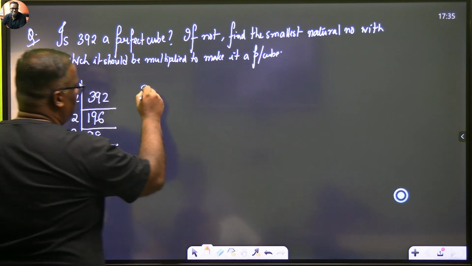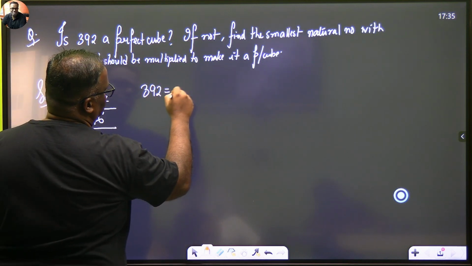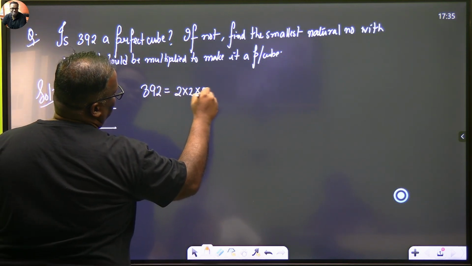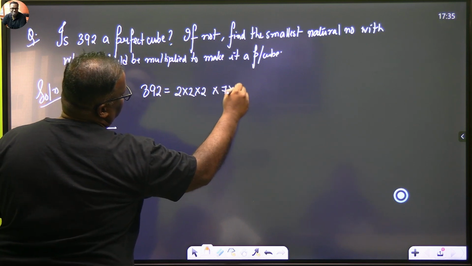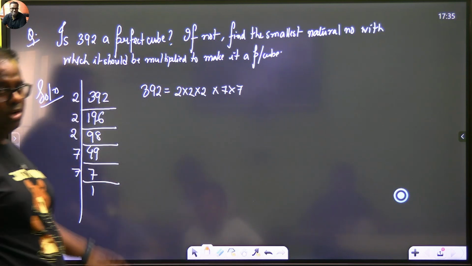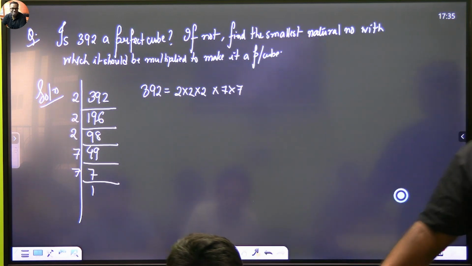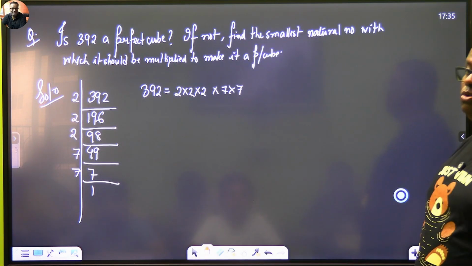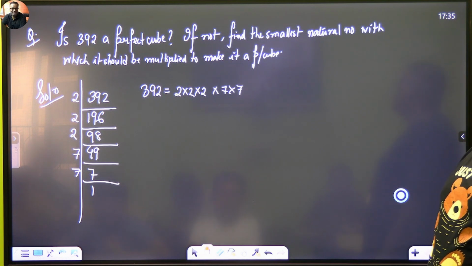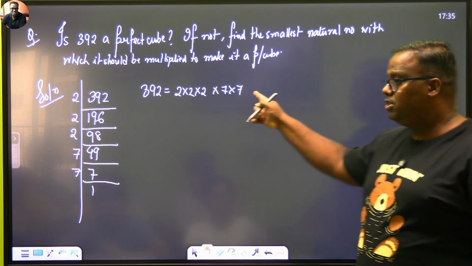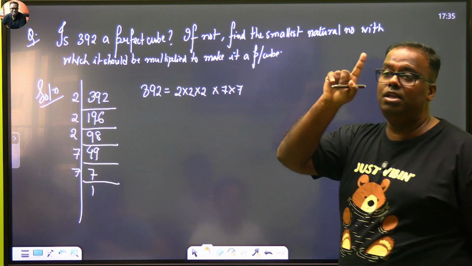We write that 392 can be written as a triplet of 2 multiplied by a pair of 7. That means if I had one more 7, this number would have become a perfect cube. So 7 is the number whose triplet is missing, and the triplet is missing by one member.